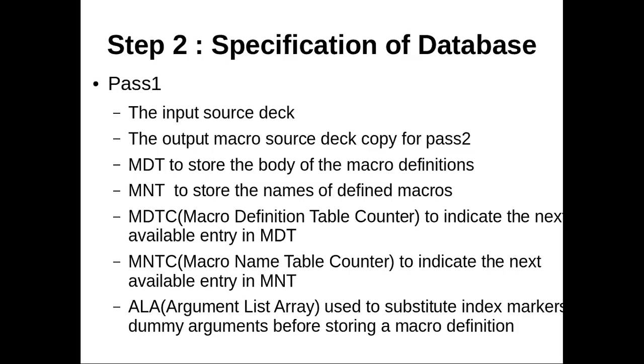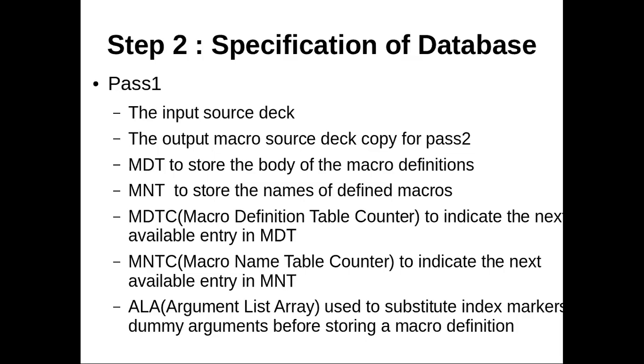The next one is the macro name table. It is used to store the names of the macros defined in your program. Then the next one is the macro definition table counter, which indicates the next available entry in the macro definition table.